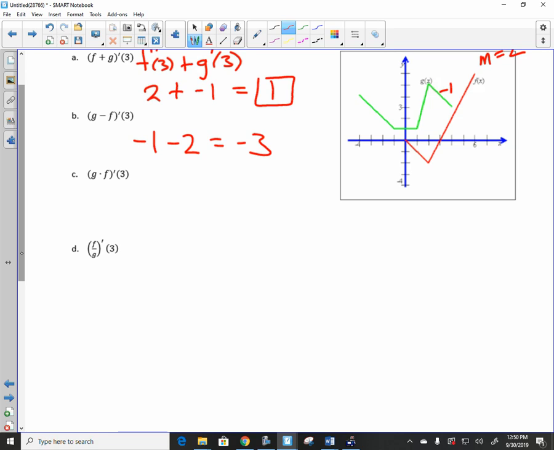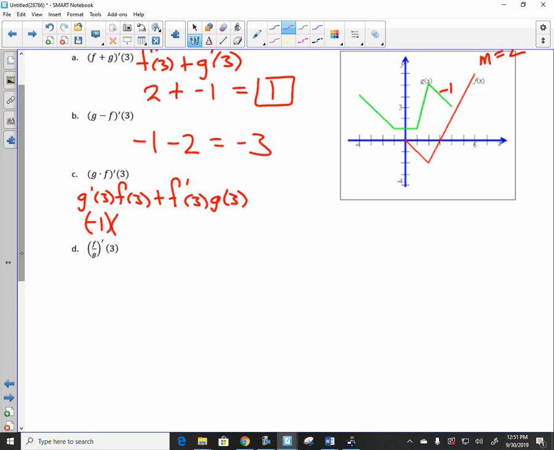So what do I do different for letter C? Product rule, which is g prime of 3 times f of 3 plus f prime of 3 times g of 3. Well, I know g prime of 3 is -1, times, I need f of 3. What does that even mean? Yeah, the value at x equals 3.